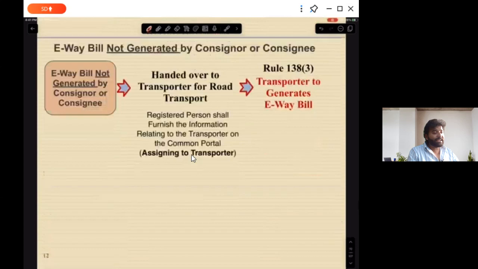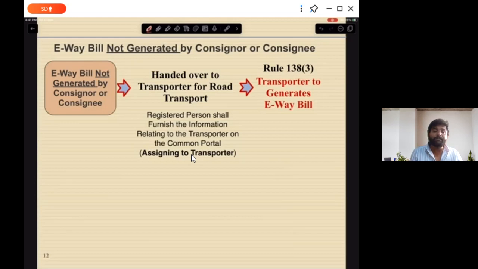Yeah, one more thing is, it is possible sometimes that I am not able to prepare an e-way bill because I don't have the vehicle number. Sometimes it happens that I have all the details of goods, but I don't have the details of the vehicle number because last में 1 hour पहले truck decide होगा. It's not yet decided which vehicle will transport the goods. So what I can do is, I am required to prepare the e-way bill.